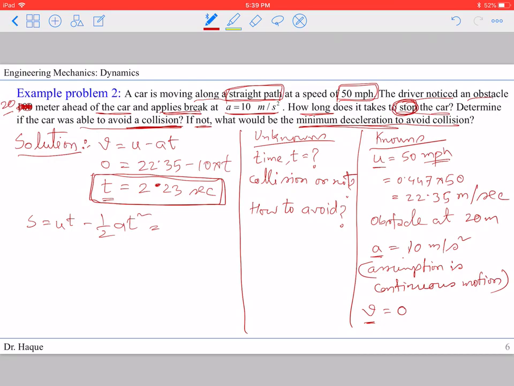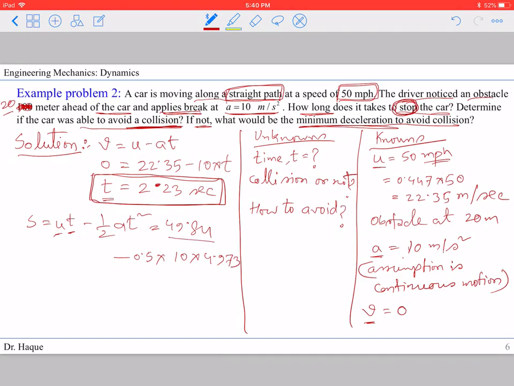If we plug in the values, initial velocity multiplied by time 2.23 gives us 49.84, minus half times deceleration 10 times t squared, 2.23 whole square, that is 4.973.